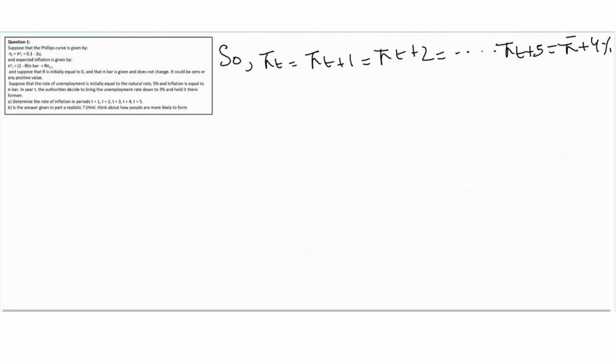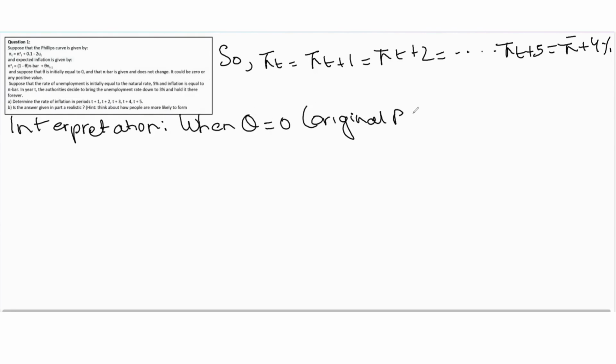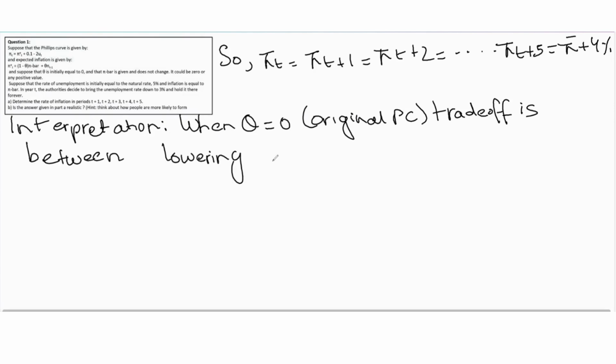So the way we're going to interpret this is, interpretation. When you have the original Phillips curve, low unemployment means higher inflation. When theta is equal to 0, we get the original Phillips curve, original PC. Here we can see the trade-off is between lowering unemployment, so it's between unemployment and inflation.